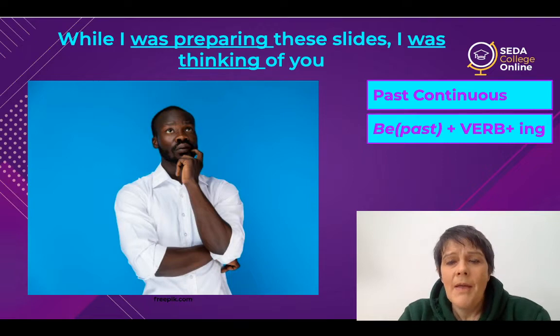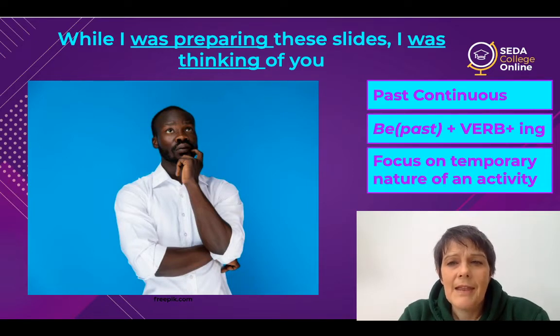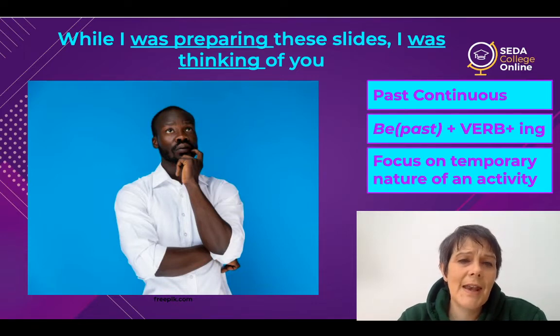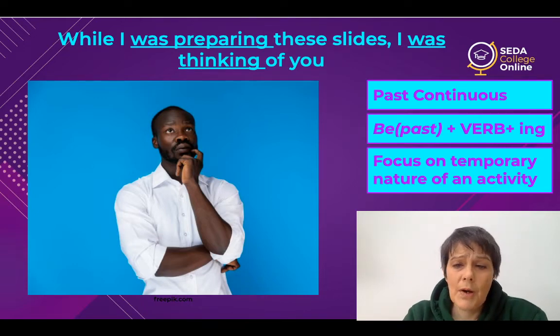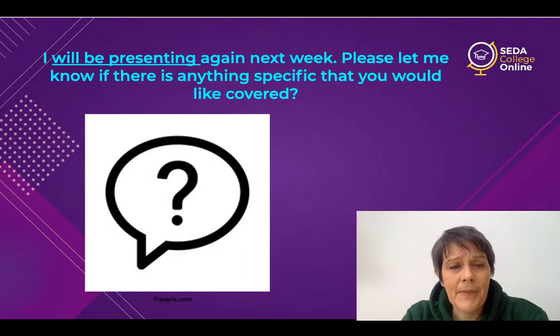Be in the past, was, plus the verb ing. Again, it's a temporary nature of the activity, and it shows that these two activities were both extended. I was thinking about you for an extended period, and I was preparing the slides for an extended period, and those happened at the same time.